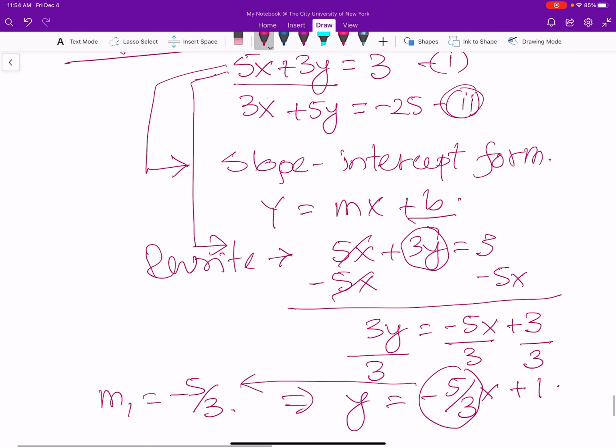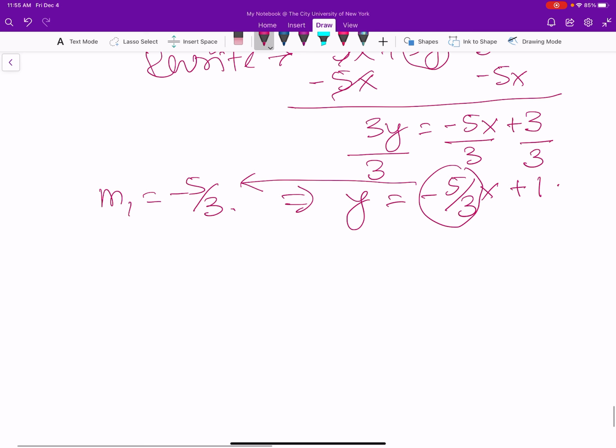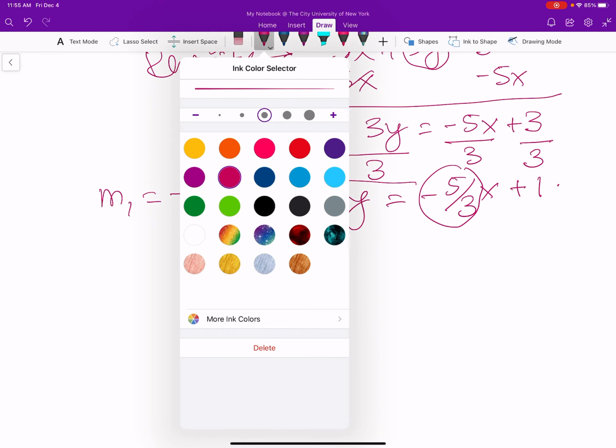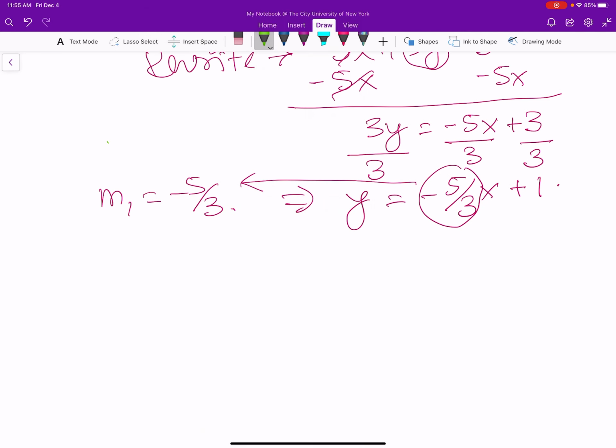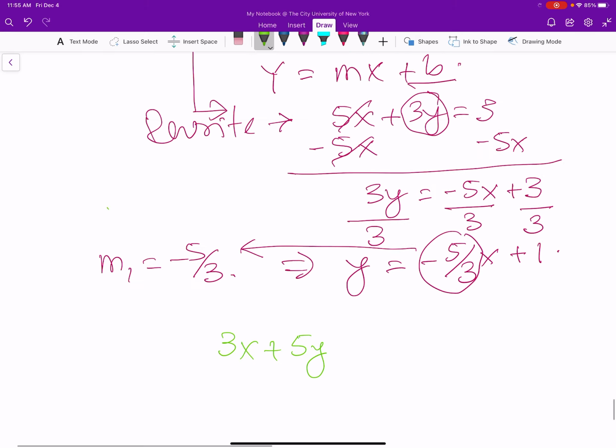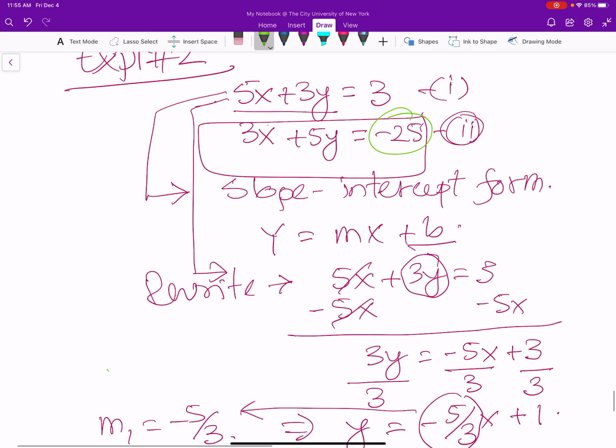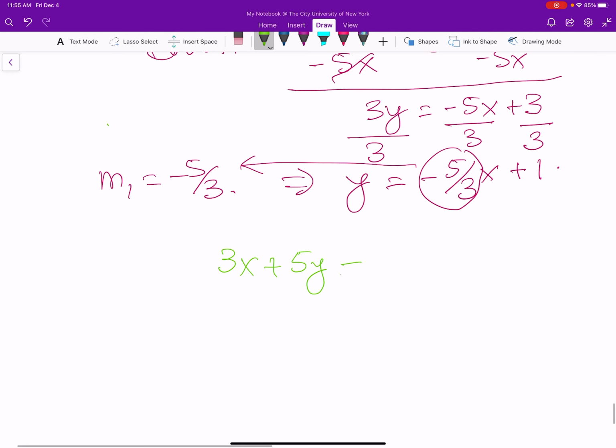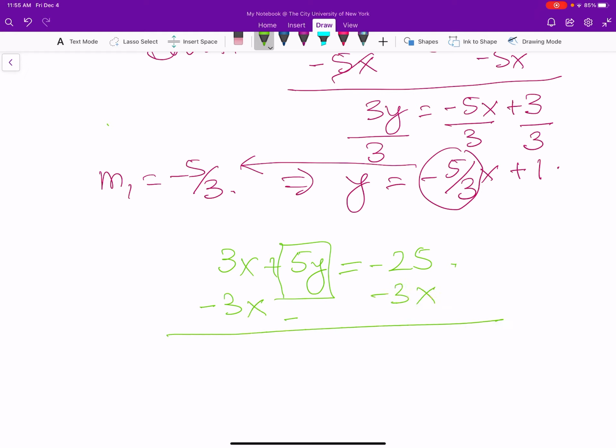Then our job is to convert the other one, 3x plus 5y equals negative 25. Again, our job is to get this y term free first. So let's subtract 3x from both sides, using the subtraction property of equality.